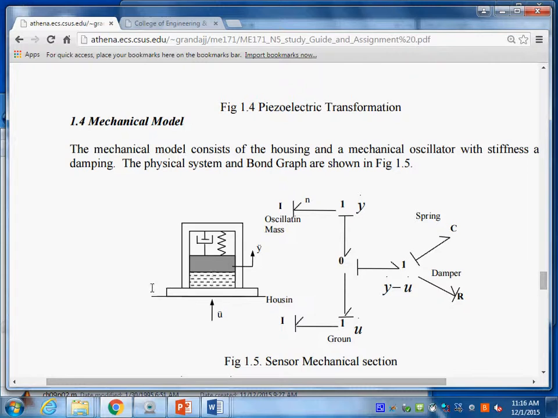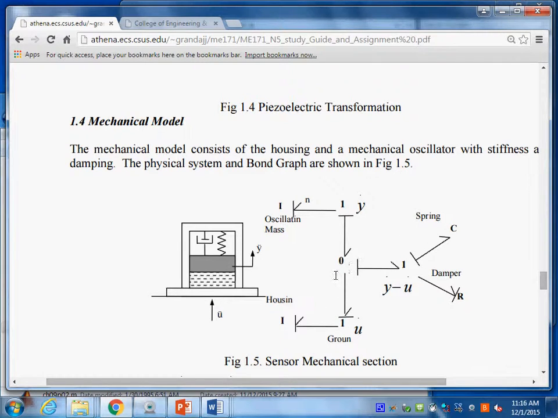And now the mechanical side. The mechanical side here has one junction for the ground velocity, one for the mass velocity, and then of course there is the relative velocity in between, and it produces this spring and damper, following the same procedure as I have illustrated in the past.